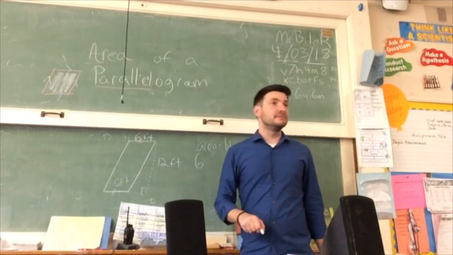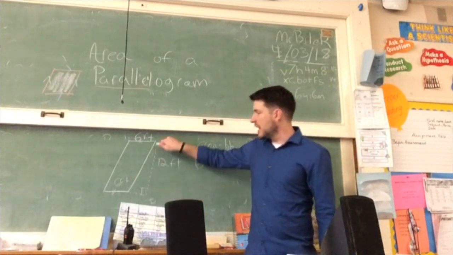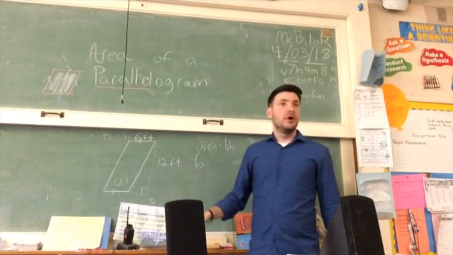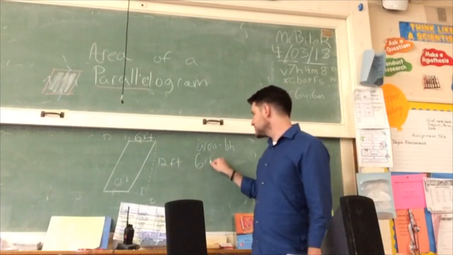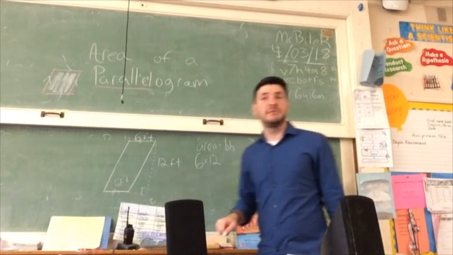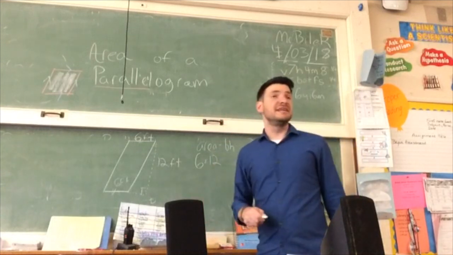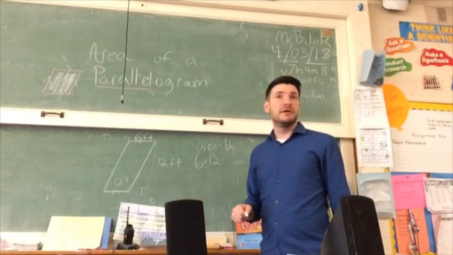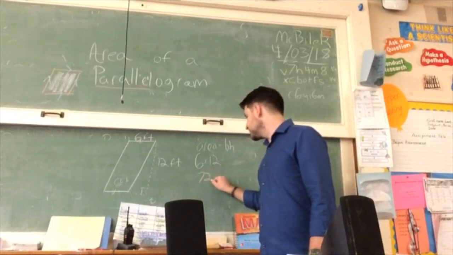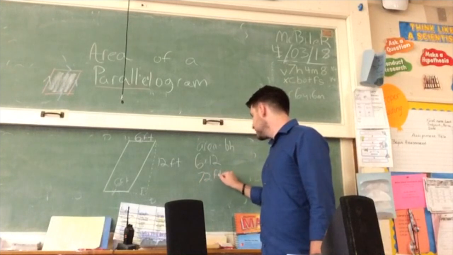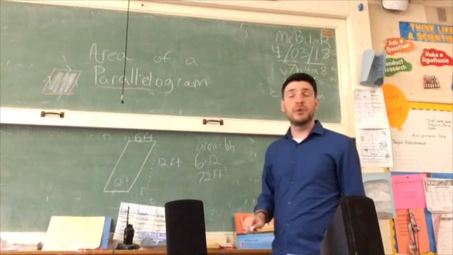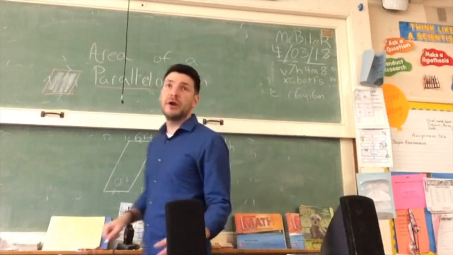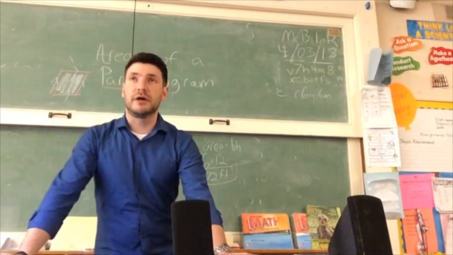We have a height. Remember, we take our height from the right angle here. We go straight up. Our height is 12. That turns our formula into 6 times 12. Remember, our unit is in feet. So 6 times 12, you'll get 72 feet squared, or square feet. That will be your final answer. Remember, you need to include feet squared or square feet if you want to get full credit.